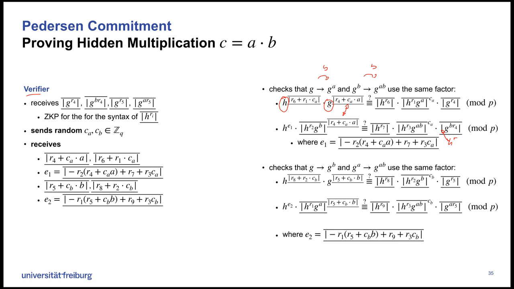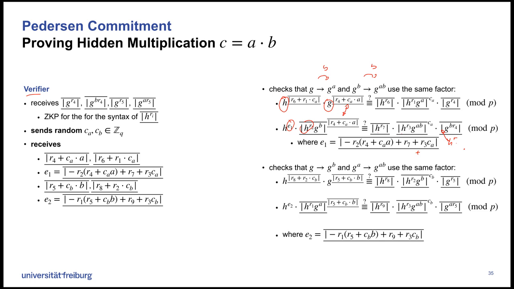We don't really care about the exponents, but we care that h and g are independent, and I cannot fake g answers with h. So when I do the same thing here, I have already some h here, I will have some h here, and so I will have a very complicated formula here, plus some other term here, which produces this exponent, which makes sure that this is the same.